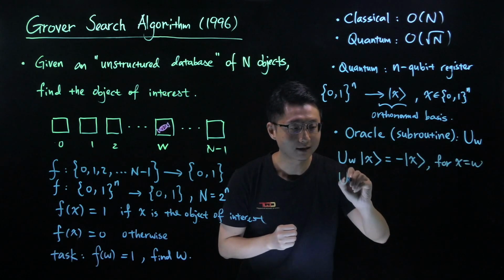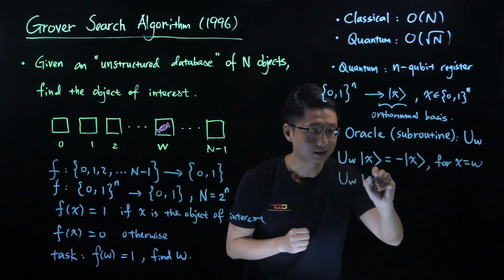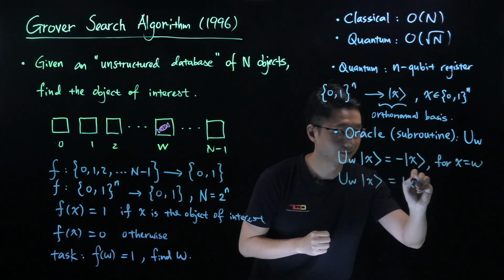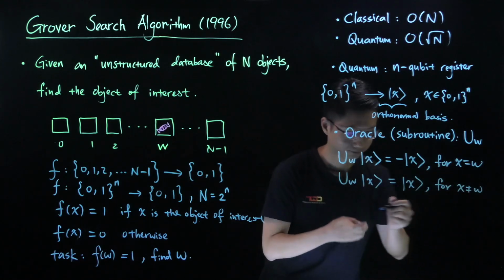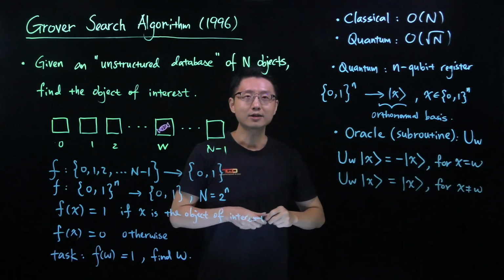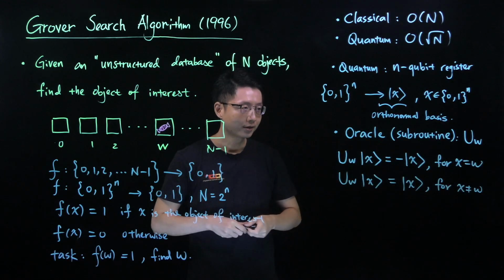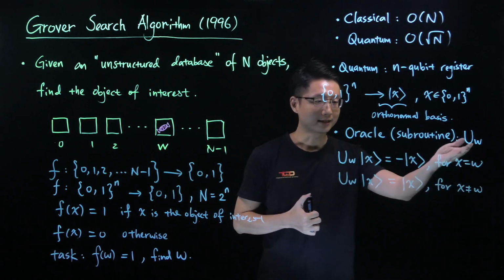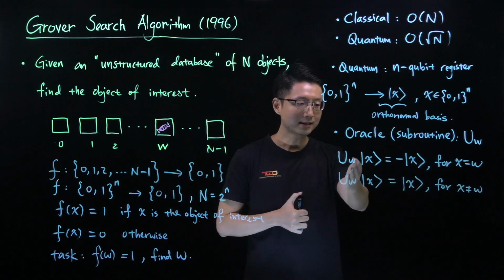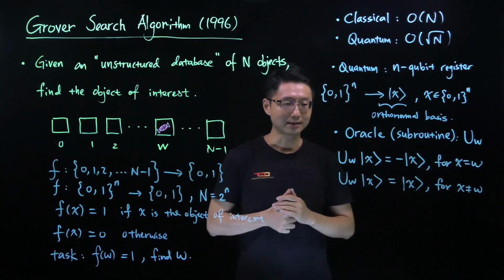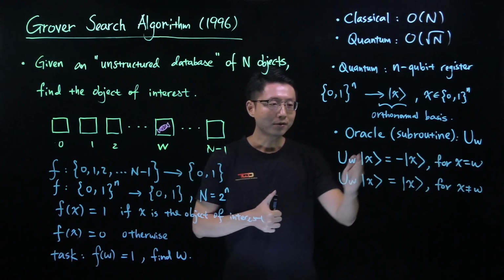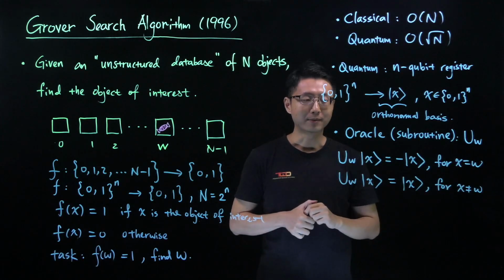But for all the others, it just leaves them unchanged. At this stage, for the purpose of this illustration, we will just assume there is an oracle that does this for us. As you can see, this is actually a unitary transformation, so it can be realized in the lab. For now, we will not worry about its actual implementation in the lab.